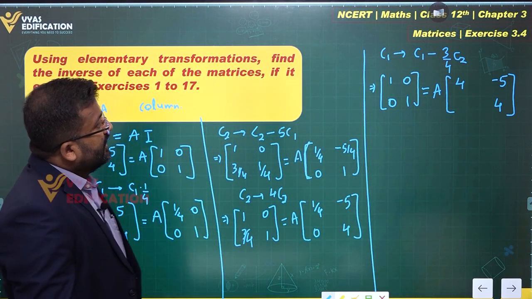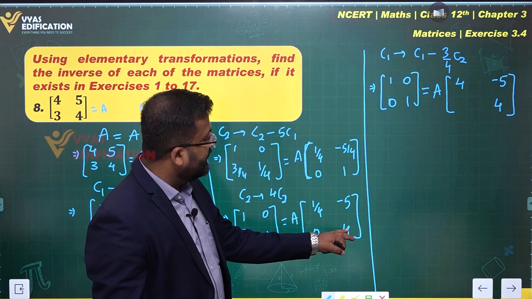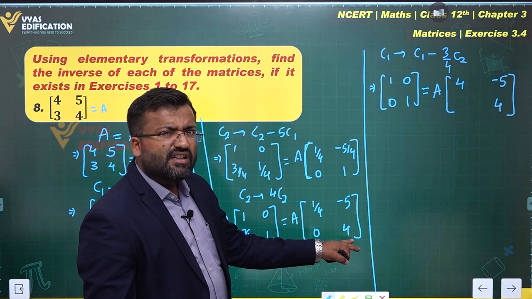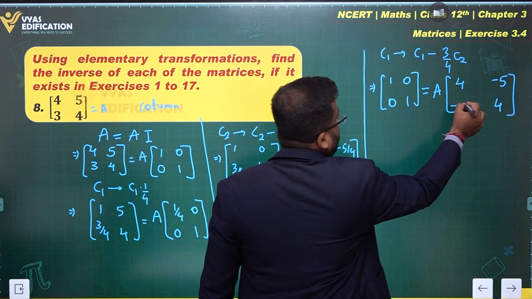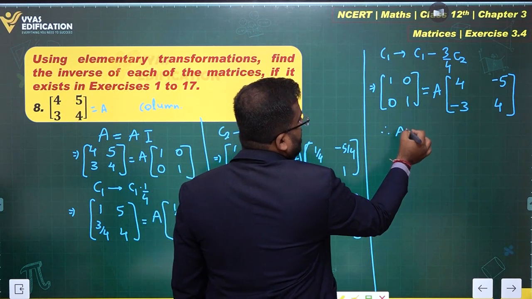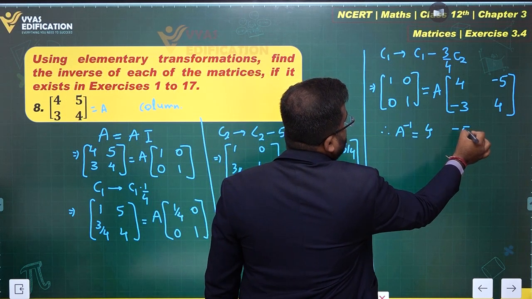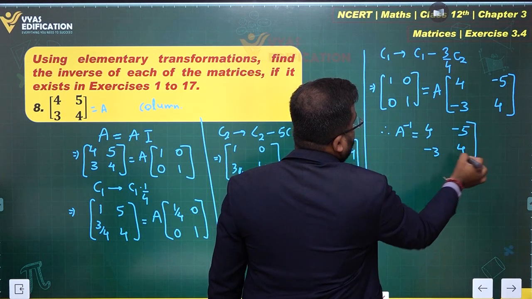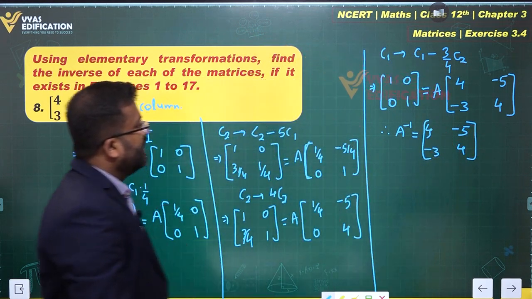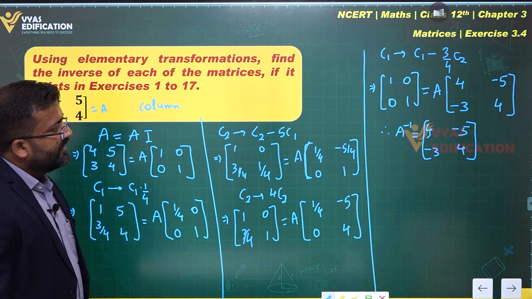Next, 0 minus 3 by 4 times this, 0 minus 3, which is minus 3. That's what I'll get. Therefore, A inverse is equal to [4, minus 5; minus 3, 4]. This is what I get.